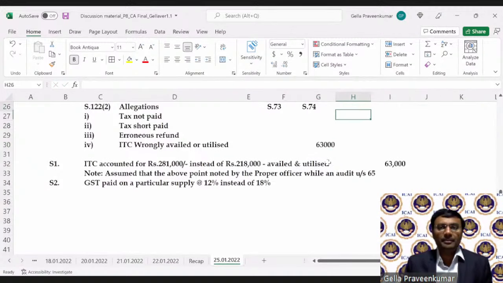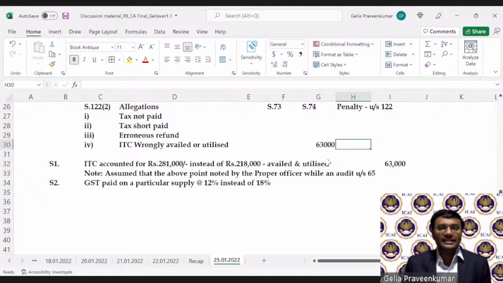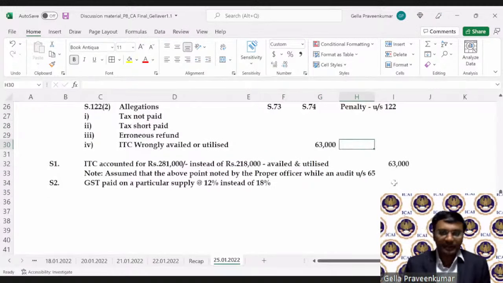Now, penalty under section 122. Since it is under 74, my penalty happens to be 10,000 or tax evaded.